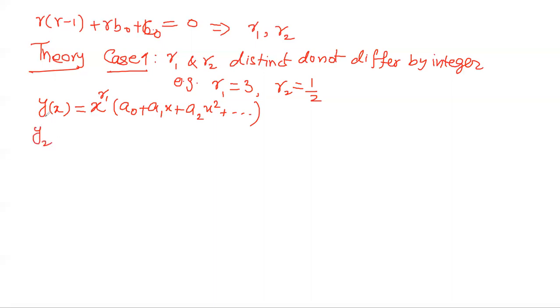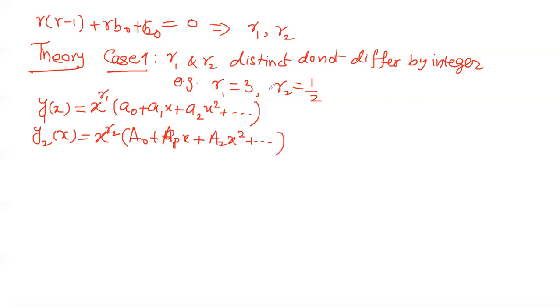The second solution will also be a power series, which will be x to the power r2 into some other coefficients: a naught plus a1 x plus a2 x square and so on.